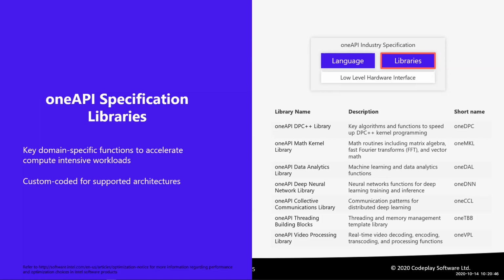For API-based programming, there are libraries already included, including, of course, the Math Kernel Library for matrix algebra, FFTs and other math operations; Thread Building Blocks and the DPC++ library for parallel algorithms and data structures; analytics libraries for classic machine learning and statistical functions; deep neural network and machine learning libraries for optimizing deep learning frameworks like TensorFlow; and a video processing library for optimizing video codecs and processing functions, as well as render libraries for visualization.